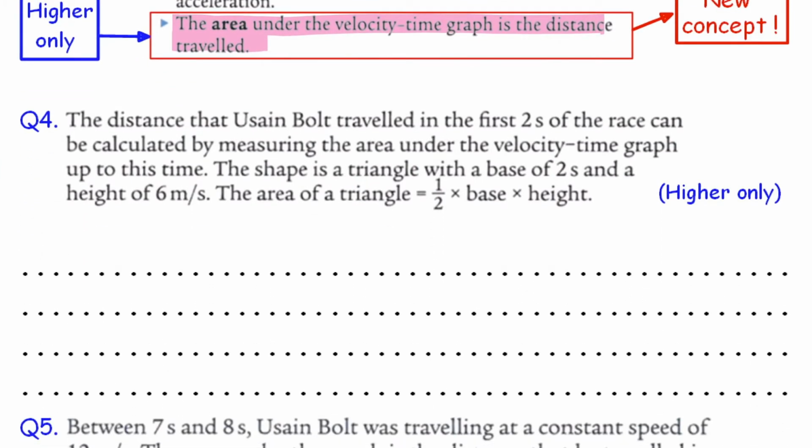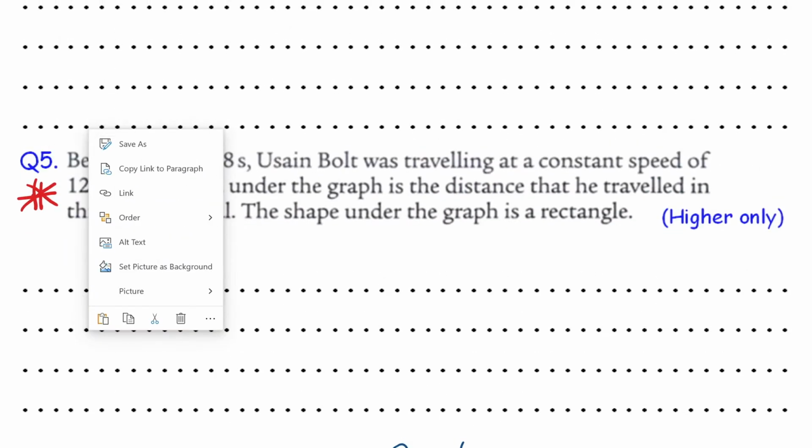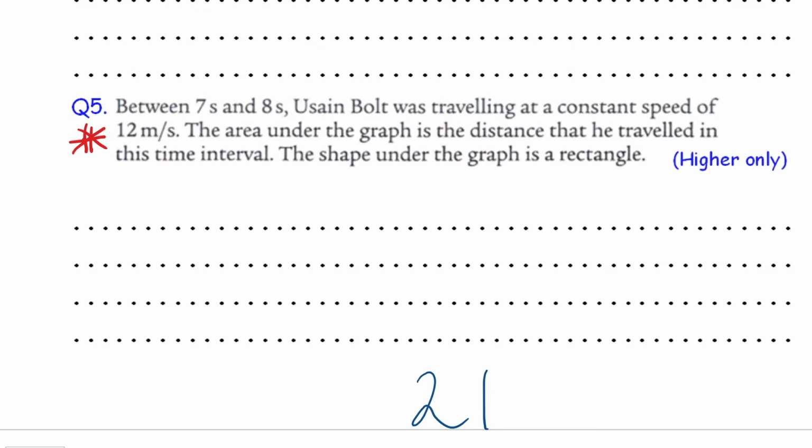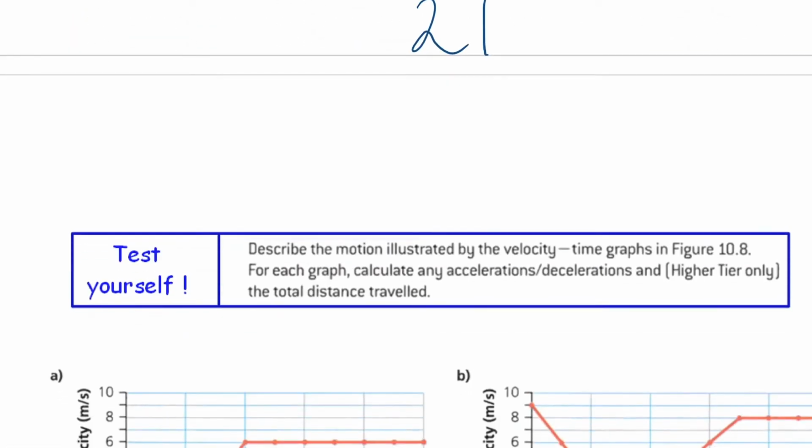Question 4, again, is a question for higher tier pupils, so I'm going to asterisk that. Same for question 5. Complete question 4 and question 5.